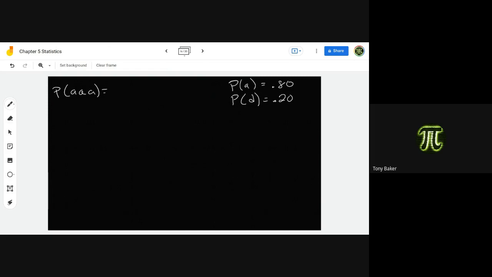Since these are all independent events, remember that makes a difference, whether it's independent or not, we can just multiply the three probabilities. So it's going to be 0.8 times 0.8 times 0.8, because the probability of alive is 80%. Since there's three events and each one is independent, we multiply the probabilities. So it's 0.512.